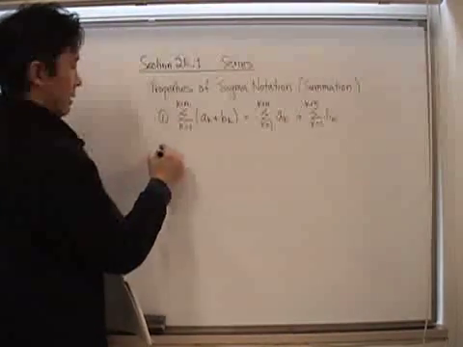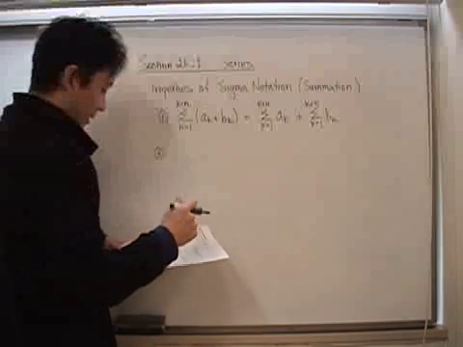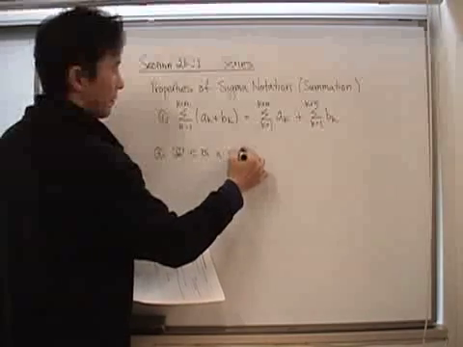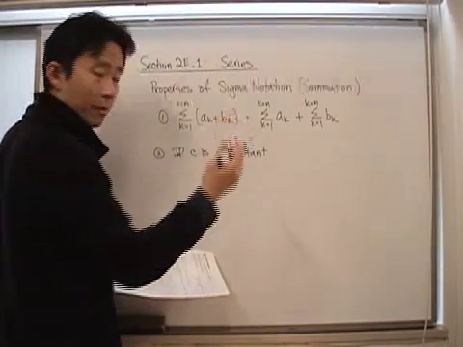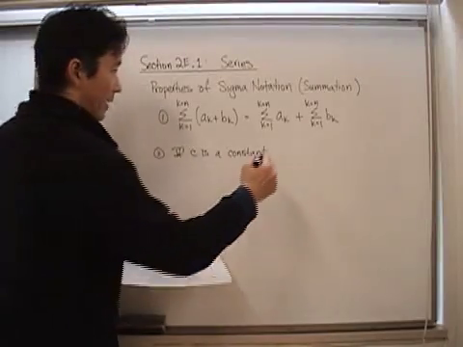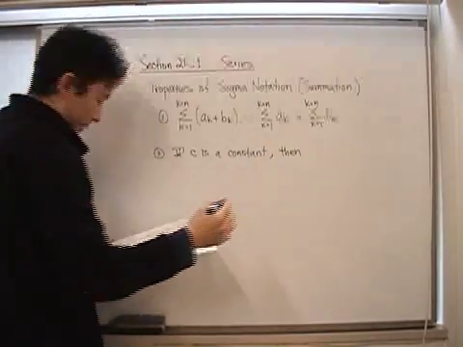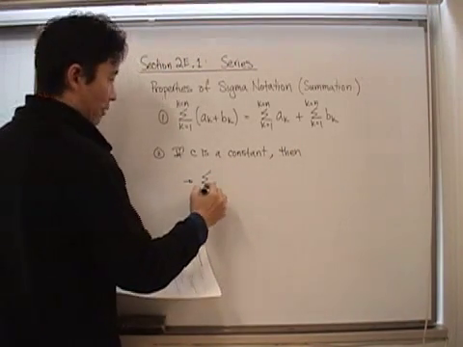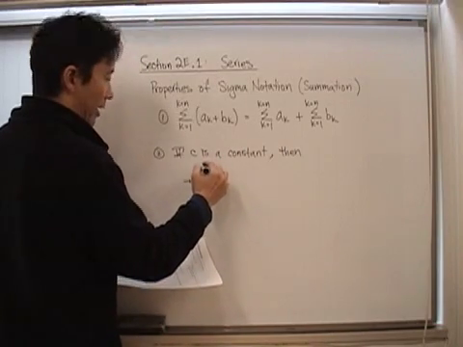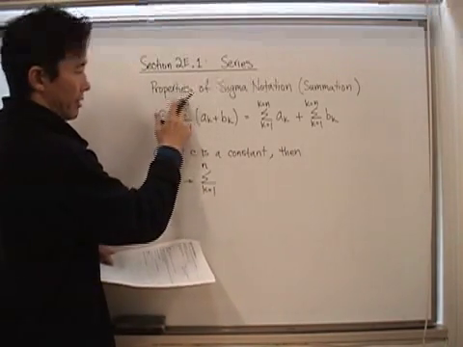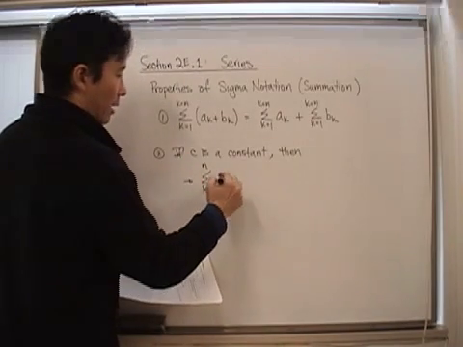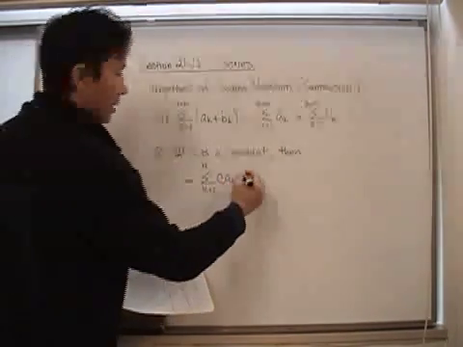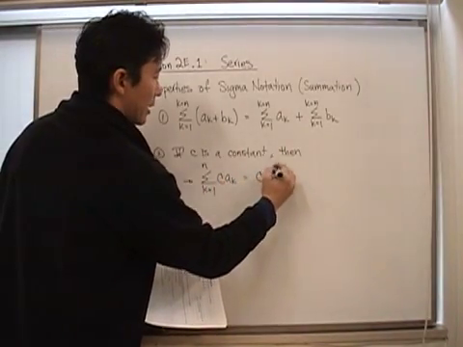The other property that we need to take a look at is this property. If c is a constant, in other words, it is just any number that you want to choose, then what we know is that the summation from k is equal to 1 to n of this number times a sub k is going to be exactly the same thing as this.